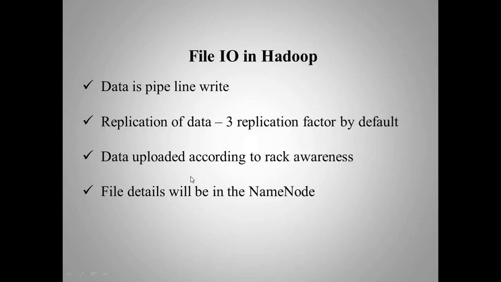And data is uploaded according to rack awareness. Before addressing what exactly rack awareness is, I need to talk about what exactly a rack is. Let's say we purchased 100 physical machines and you'd like to manage these machines by making them a cluster. But just imagine managing 100 machines.